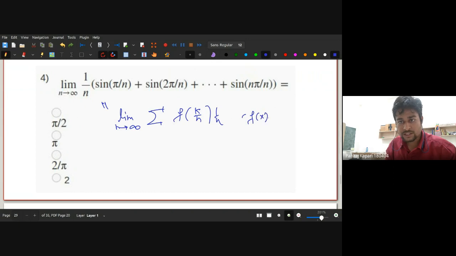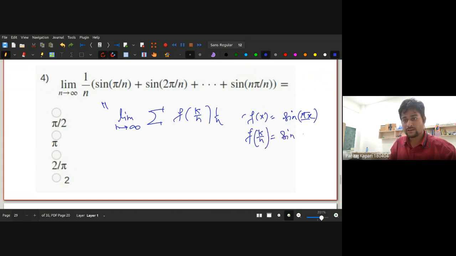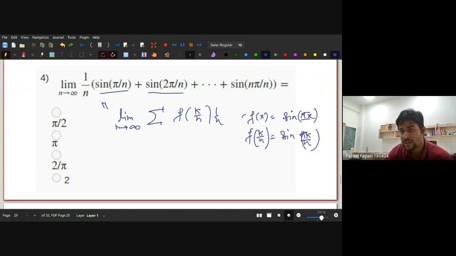So f of x is sine pi x, right? So this is our f of x, and therefore f of k by n is sine pi k by n, right? So when you put k equal to 1, you get the first term sine pi by n. When you put k equal to 2, then you get sine 2 pi over n. And if you put k equal to n, then you will get sine pi.